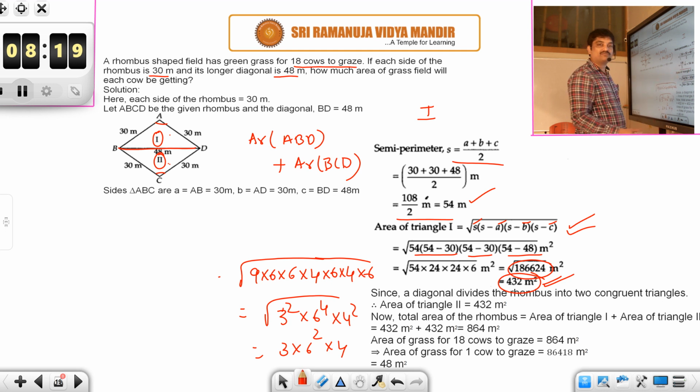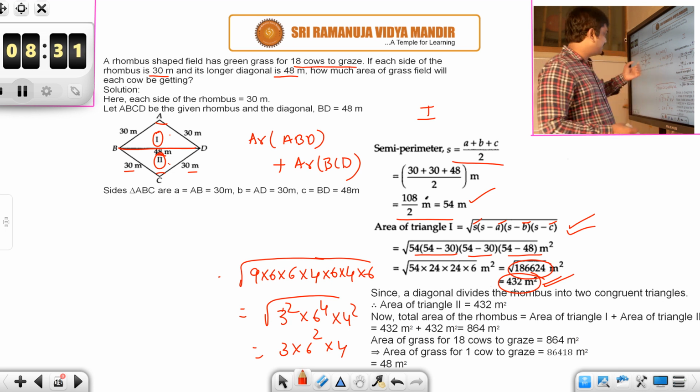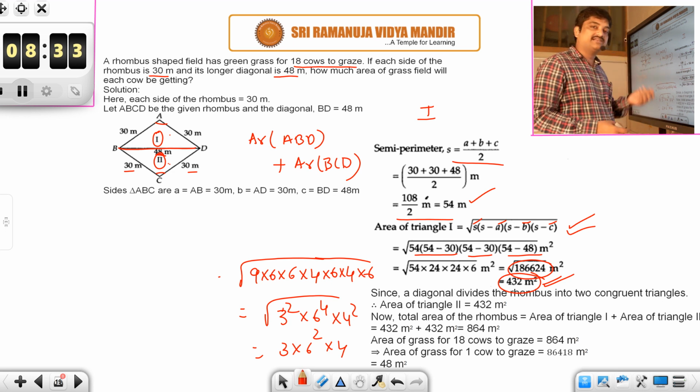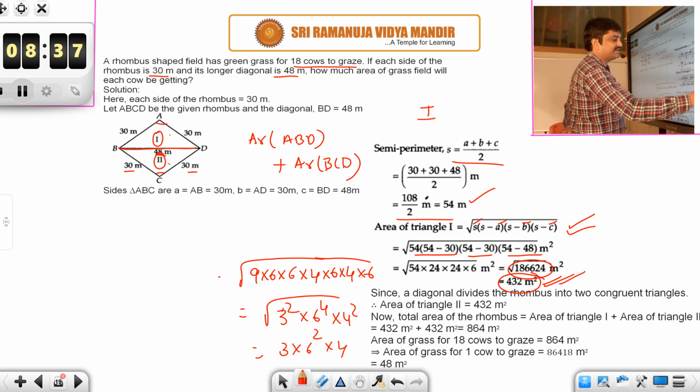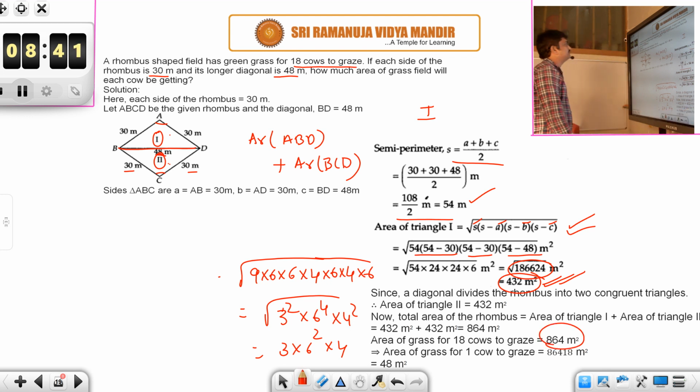S we can calculate from A, B, C. And if you look at both triangles 1 and 2, A, B, C are the same. So the area of triangle BCD will also be the same as the area of triangle ABD. So total area will be twice of 432, that is 864 meters square.